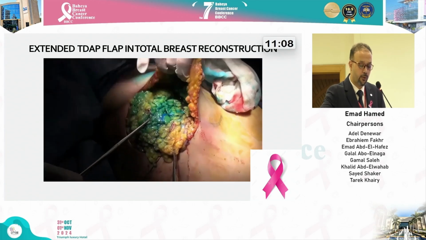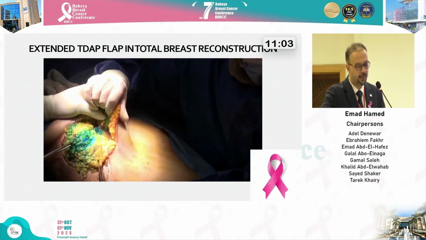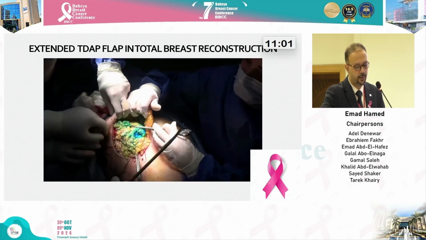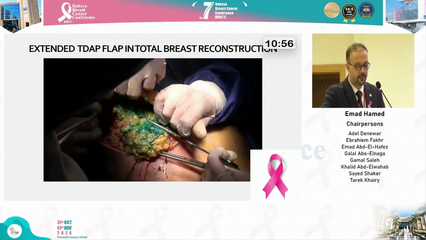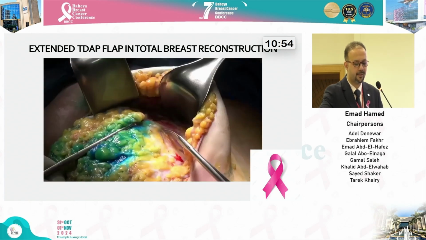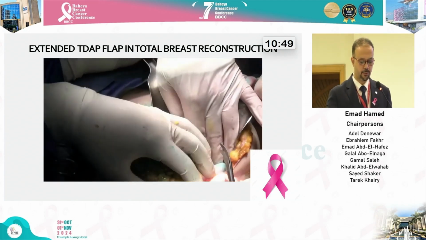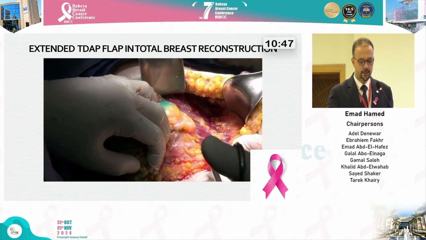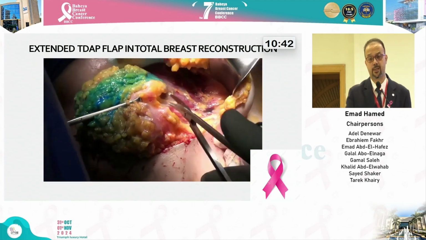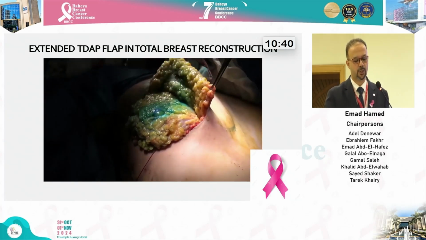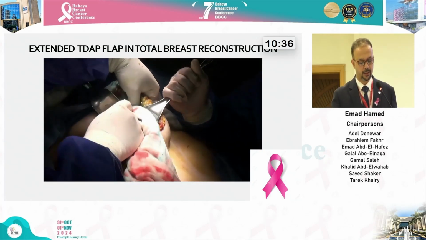We used tumescent fluid infiltration in such cup size, and I preferred sharp dissection using a scissor, and my assistant avoids the use of retractors in the beginning till reaching the prepectoral fascia, and continue either sharp dissection using a scissor, or you can use a knife or monopolar diathermy.